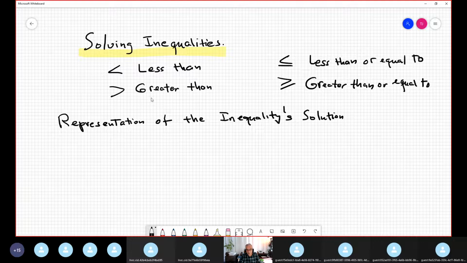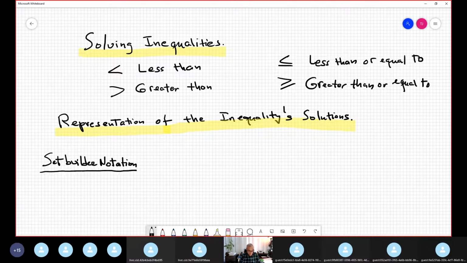There are different ways to represent it. The first way, let's call it, set builder notation. Another possibility is graphic notation.